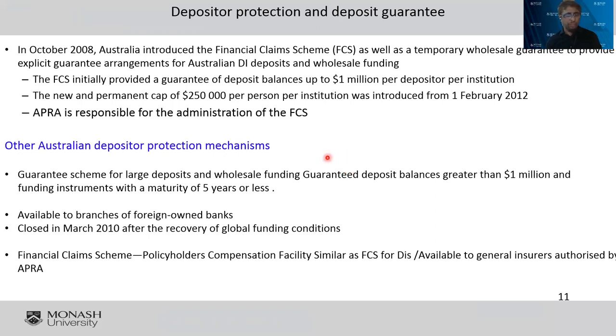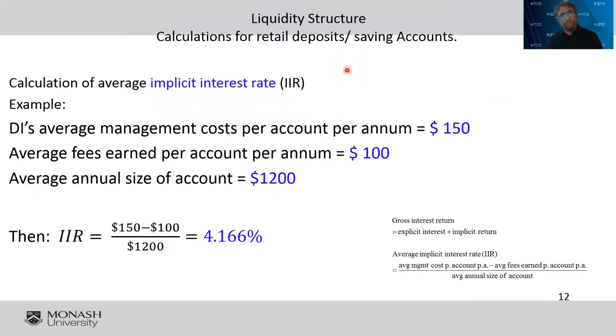As we are talking about liquidity and liquidity risk, and bank run is one of the liquidity problems, deposit insurance was designed and engineered for the purpose of preventing bank runs, decreasing the panic and protecting the system. Because if you know you are insured, you are not going to run, and if you are not going to run, the bank will stay. So there is no contagion effect to other banks, and the system can be stable, and financial stability will be much better. This is what we call explicit and implicit interest rate.